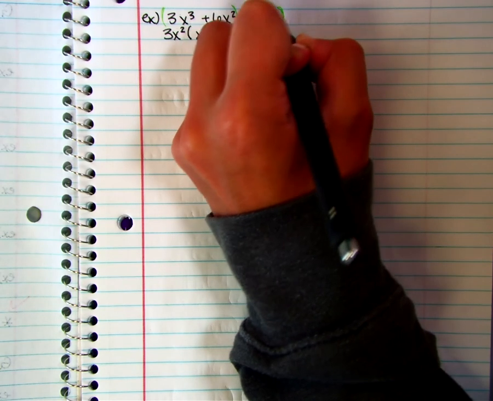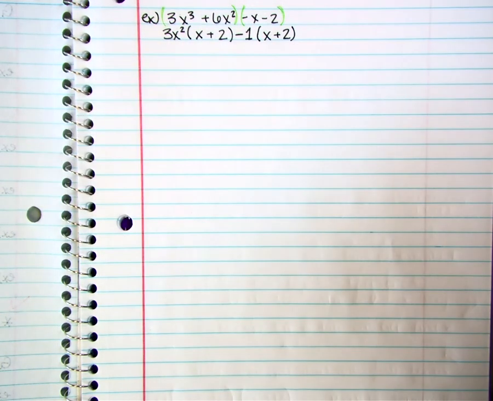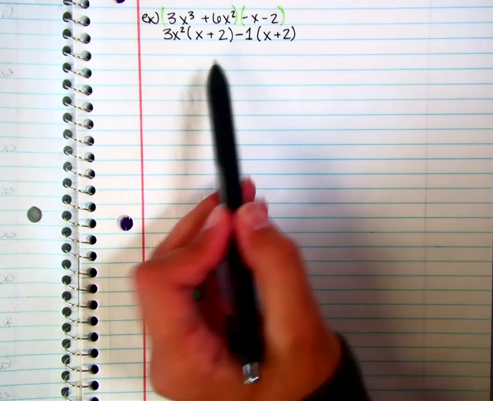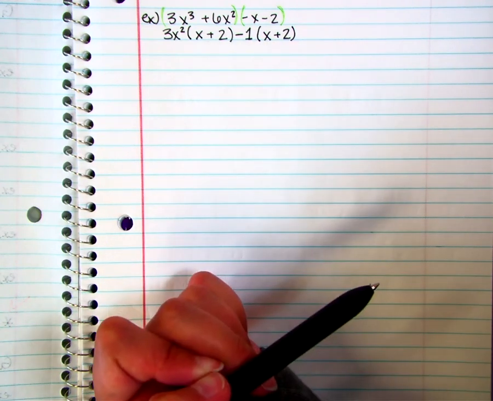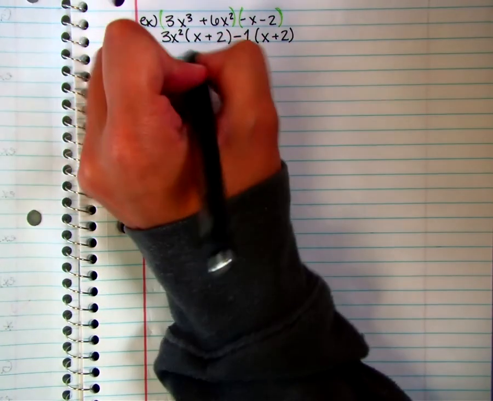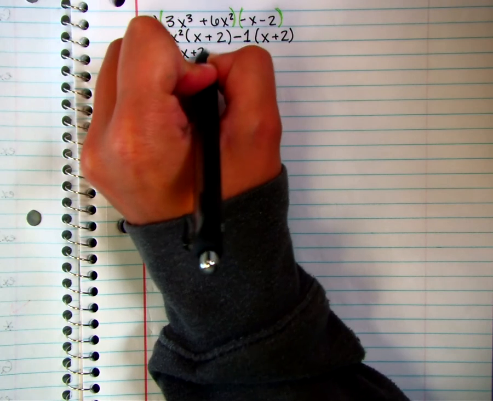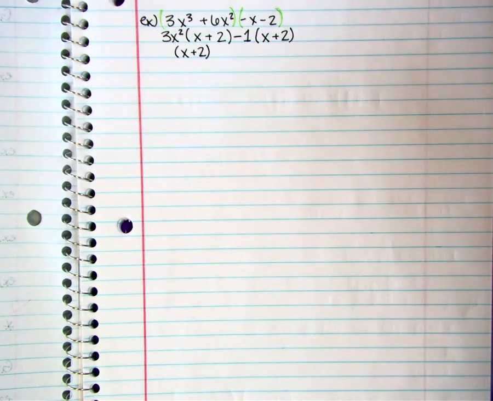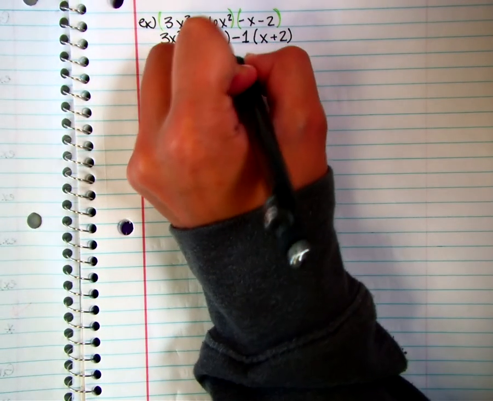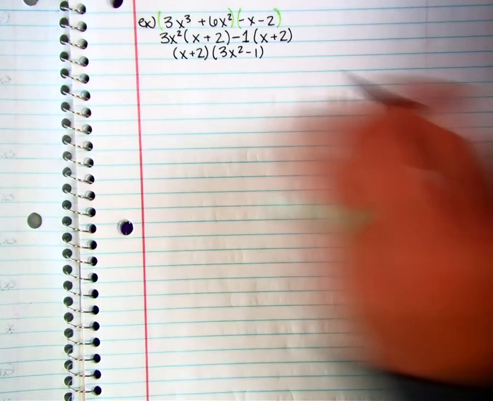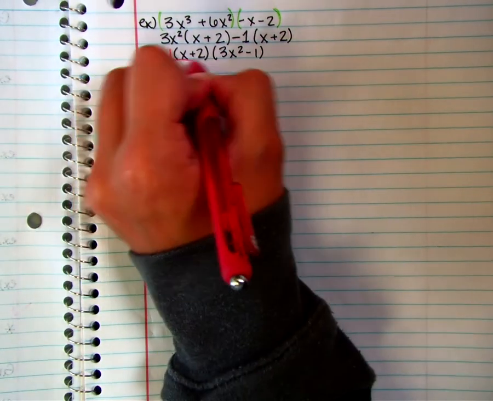And then inside we've got an x plus 2. You know you did it correctly because your factors inside the parentheses are the same. And our last step, factor out that common factor. And then put your other stuff together. So 3x squared and a negative 1. Yeah, that's your final answer.